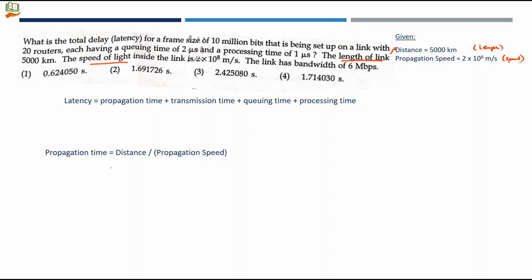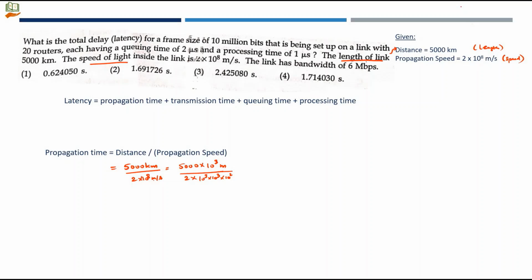Now we will substitute. What is distance? It is 5000 kilometer divided by the propagation speed, 2 into 10 to the power 8 meter per second. Since we have meter and kilometer, we will convert this into meter. So 5000 into 10 to the power 3 meter divided by 2 into, we can split 10 to the power 8 as 10 to the power 3 into 10 to the power 3 into 10 to the power 2.